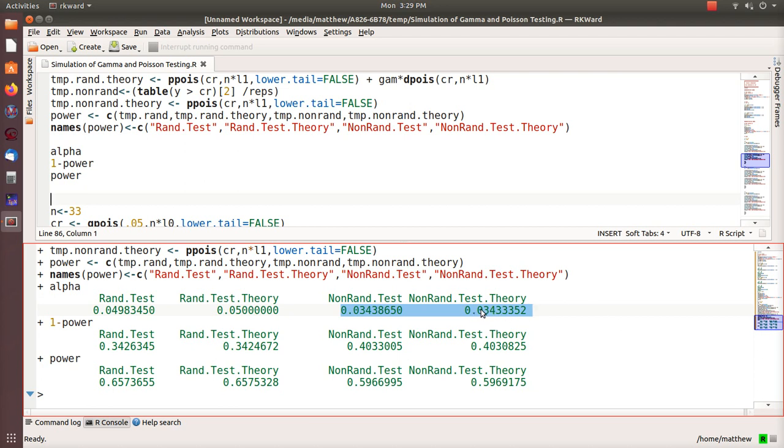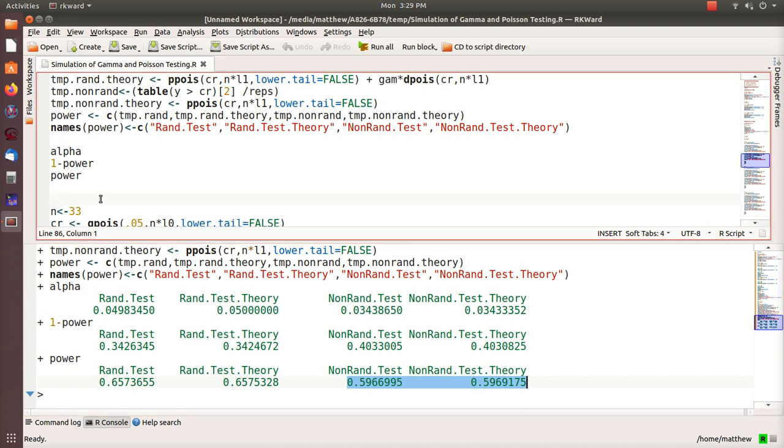That's the theoretical value, and in the simulation we were really close to that. The power for the randomized test, theory says we should get about 65.7%, and the simulation was very close. The non-randomized test, which should be less powerful, is indeed less powerful. Theoretically we should get around 60%, and we got that in our simulations.